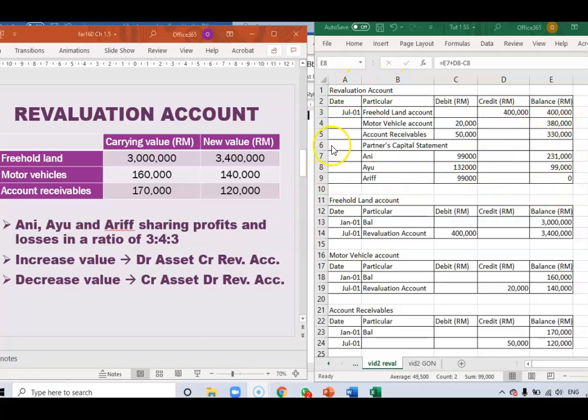You do not need to open up the asset accounts because it's not required, so do not waste your time. I showed you in the video just so you know why the 20,000, the 50,000, and the 400,000 are on the credit side and the debit side, because it applies the rule of double entry.